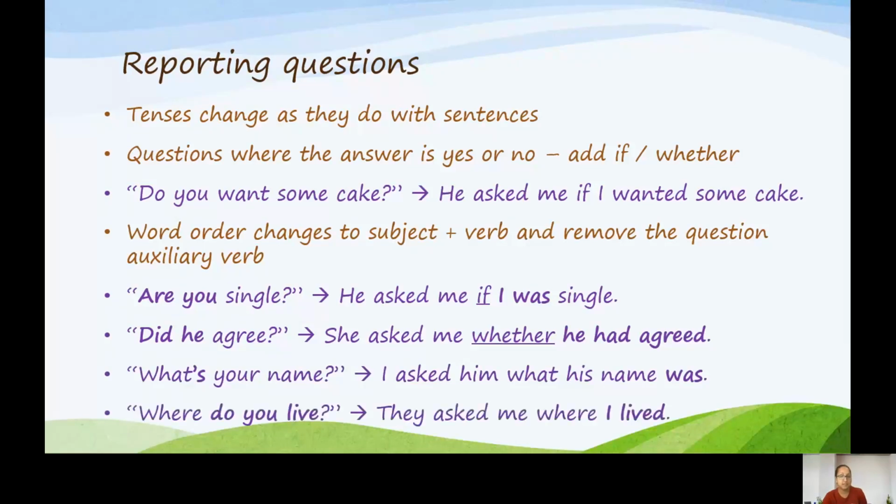Where do you live? They asked me where I lived. So again, we take away the auxiliary verb do, and we have the question word followed by the subject followed by the verb, and the tense changes from present to past.